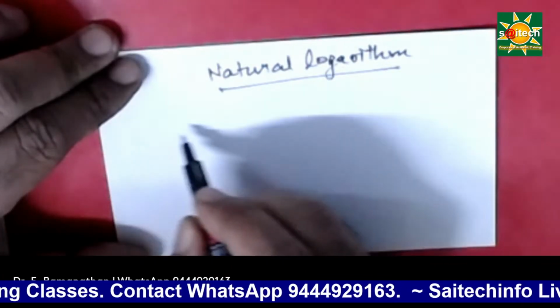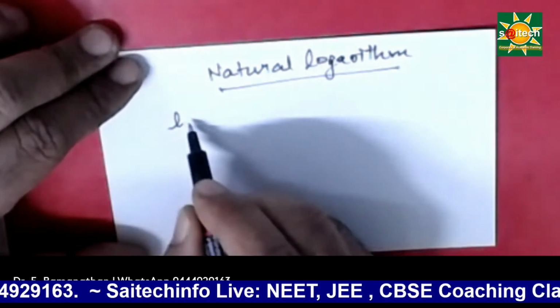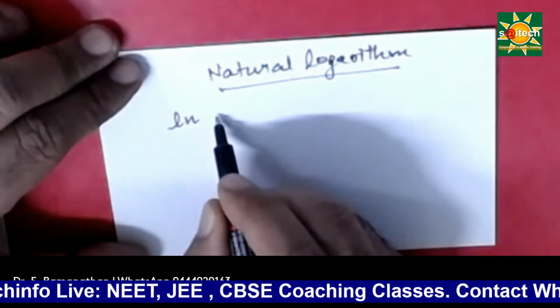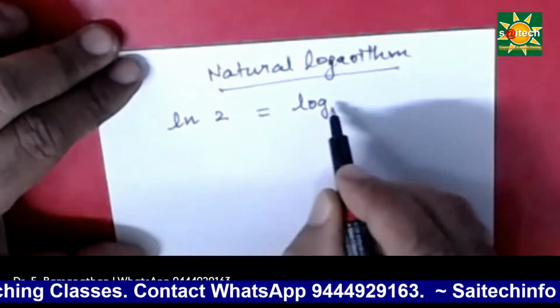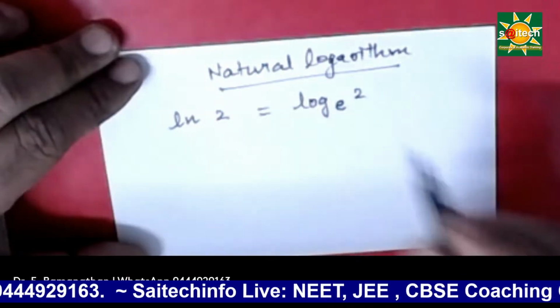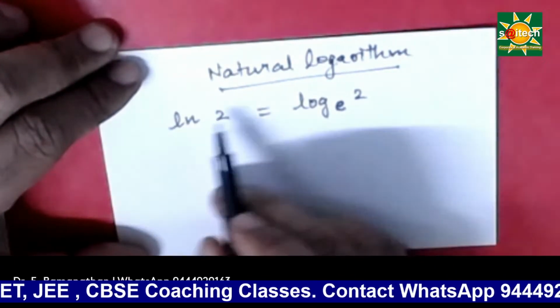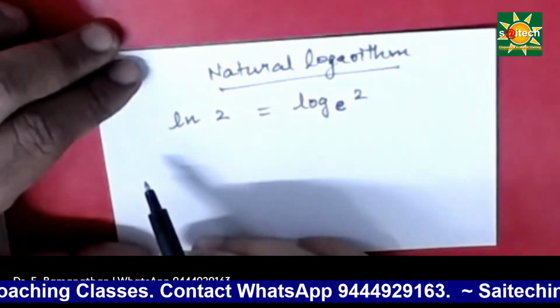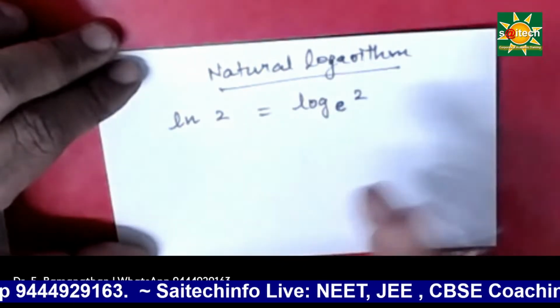Here, for example, natural log 2 means log 2 to the base e. Are you able to follow? So such type of logarithms are called natural logarithm. And this is not equal to logarithm to the base 10, that is different.